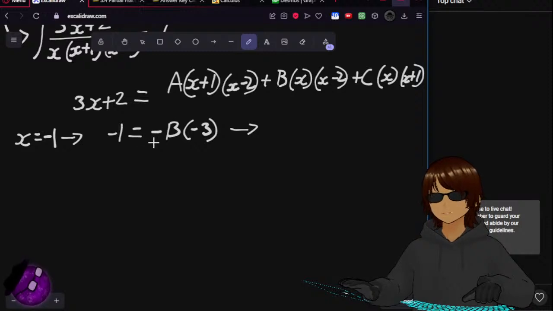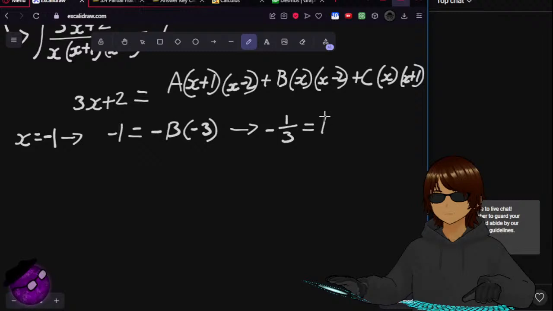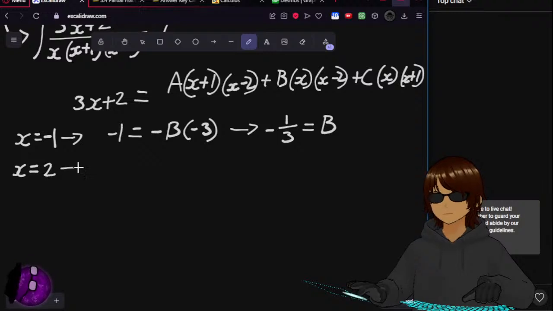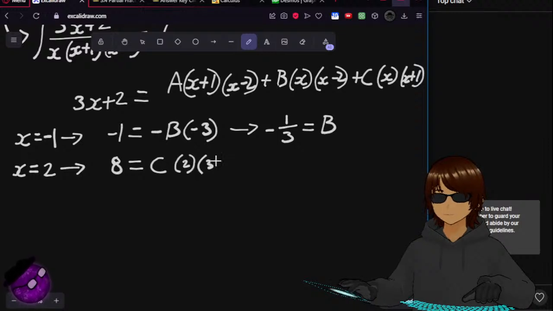It then means minus 1 over 3 is equal to b, because this and this will cancel out. If x is 2, that means this and this will cancel out. So 3 times 2, 6 plus 2, 8. 2, 3.